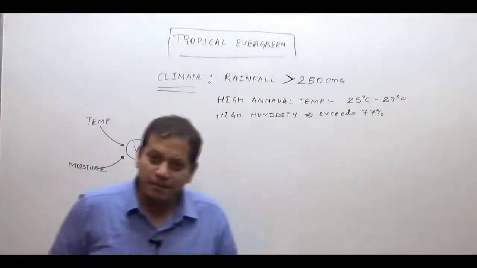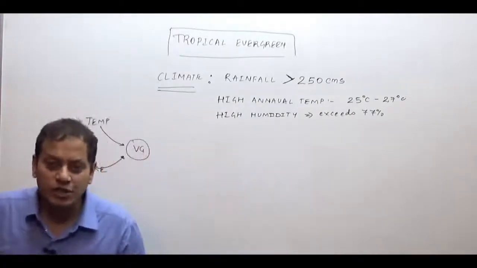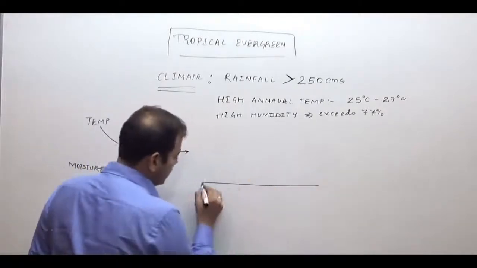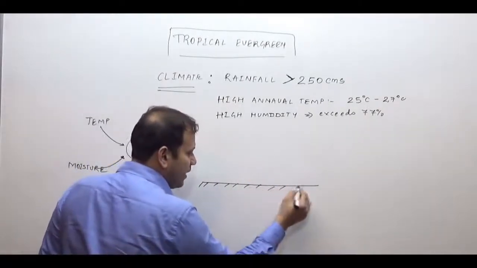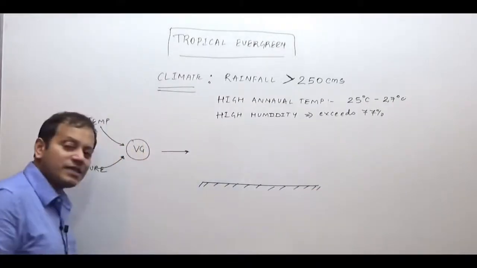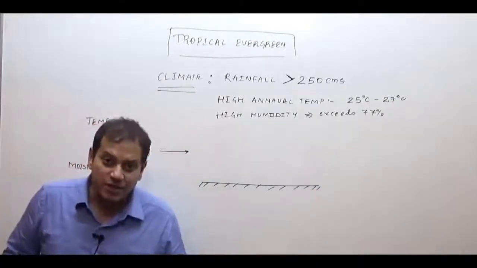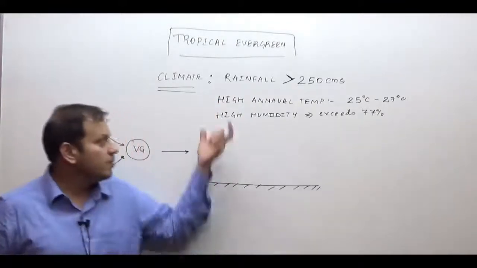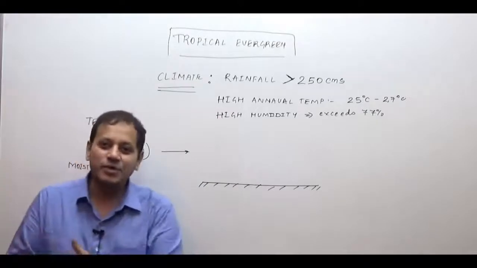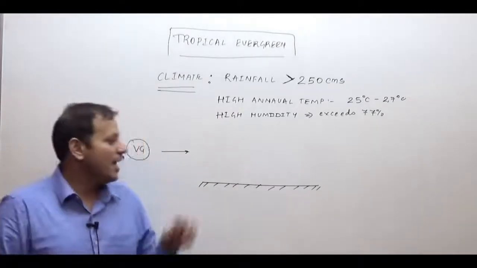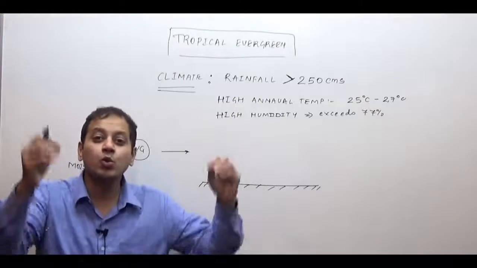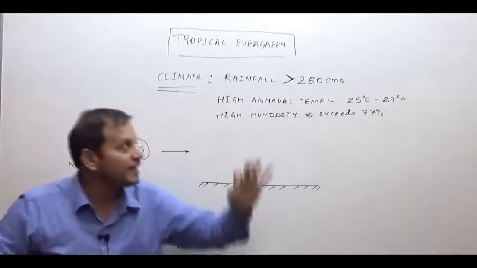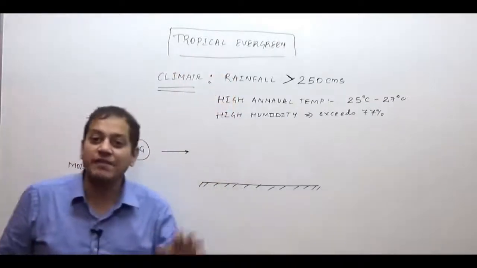If there is a high temperature throughout the year and high moisture throughout the year, the trees grow throughout the year. The trees are getting a high amount of moisture because the average annual rainfall is high, and because of the high annual temperature, the second input, temperature, is also very high. Therefore the trees grow throughout the year, and because of this the forest looks evergreen.